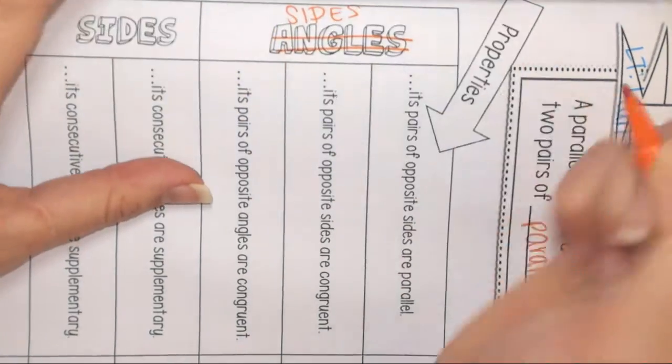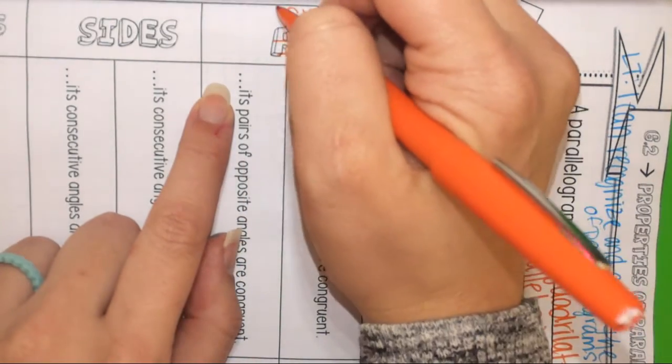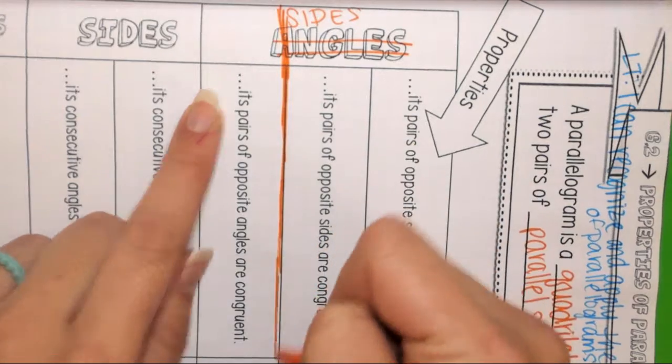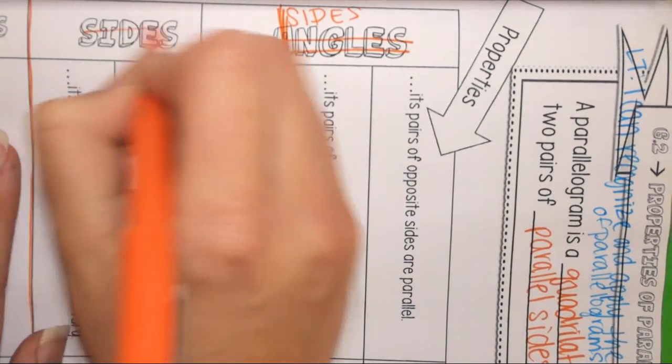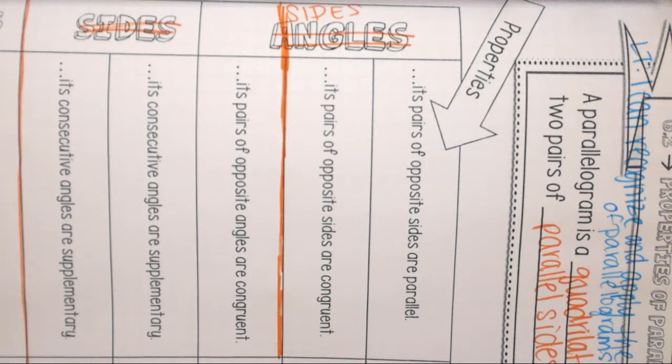And it was so pretty. This third one right here is part of angles. I spent all this time making it, and I got it backwards.